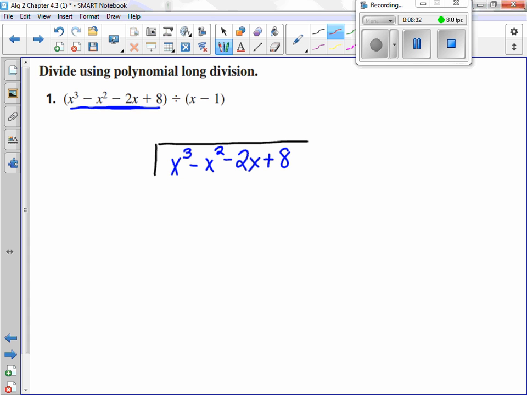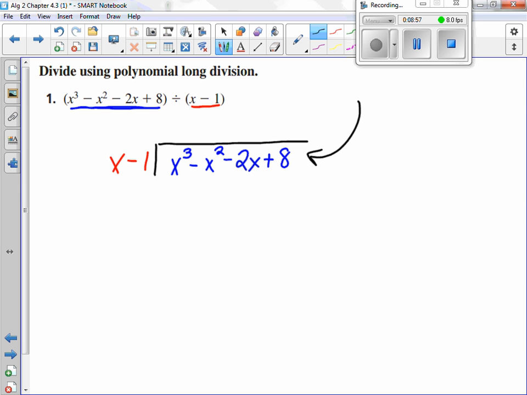Now, what are we dividing it by? We're dividing it by x minus 1. Now, the goal for dividing is everything that's inside that garage or house, however you want to define it, everything that is inside here, we want it to simplify down so that the power is less than 1.